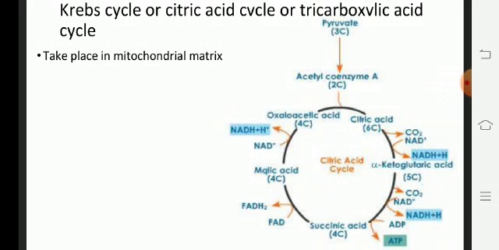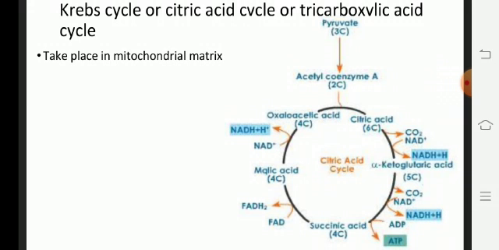We already studied the parts of the mitochondria, the ultrastructure of the mitochondria. Mitochondria is surrounded by two membranes: one is the outer membrane and another is the inner membrane, and there is a small space in between the outer and inner membrane called the perimitochondrial space.